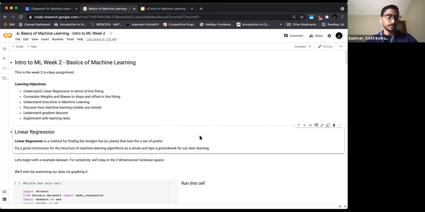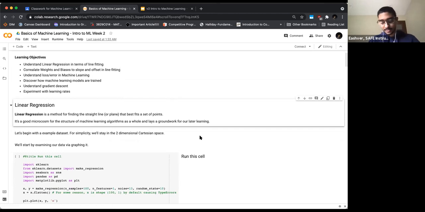So let's get started. So linear regression, as we just talked about, the regression is the class of prediction of a range of values. And so linear regression is a model that uses a straight line, or I guess plane, that best fits a set of points.